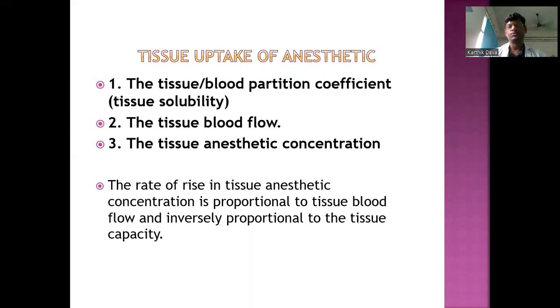The more the flow, the more the concentration of anesthetic agent in that particular tissue. Whereas the more the tissue capacity, the more the volume and mass of the tissue, the lower the tissue anesthetic concentration.